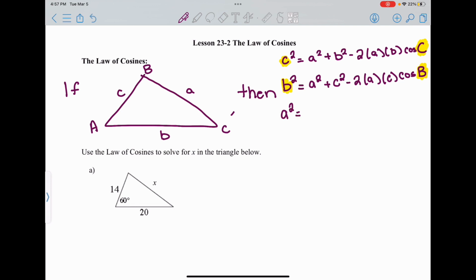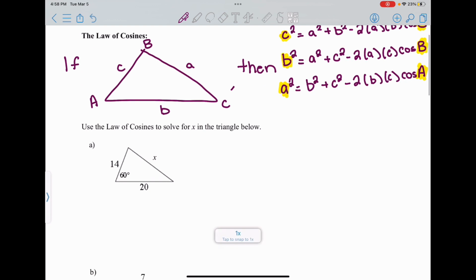So I would have a squared equals b squared plus c squared minus 2 times b times c, cosine of angle A. So these are our three different versions of the law of cosines. Any of them work. We just have the different versions written out depending on how our labels match what's given to us. So let's look at number 1.